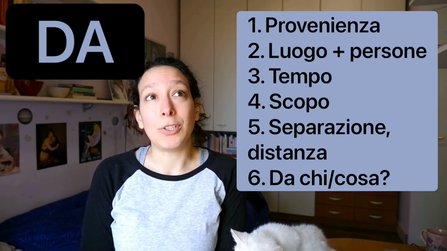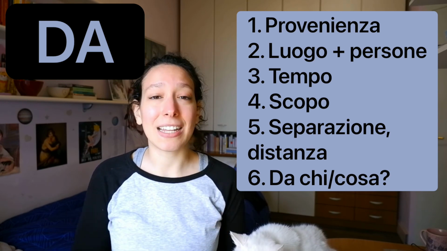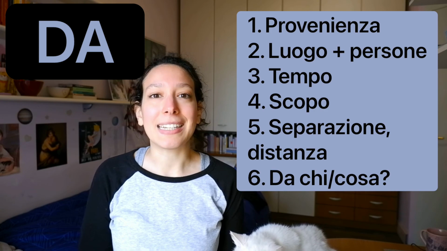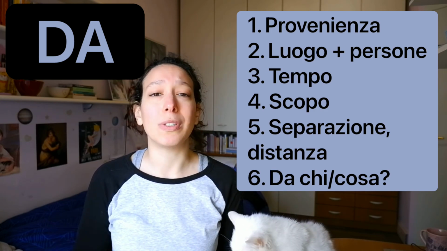So usually from whom something is done, so da chi è stato fatto, da chi viene preso, so from whom or by whom, who does something. So these are our first 3 prepositions, di, a and da.